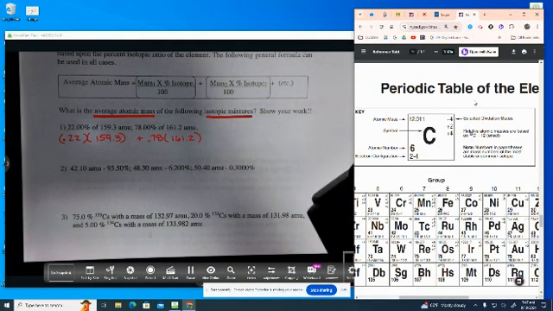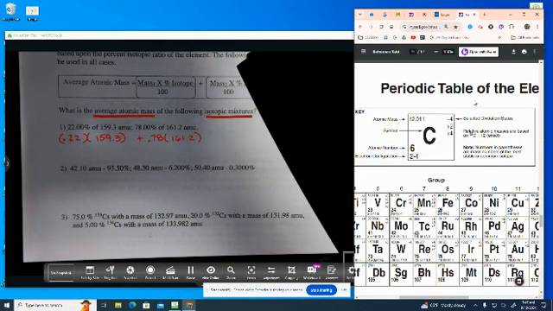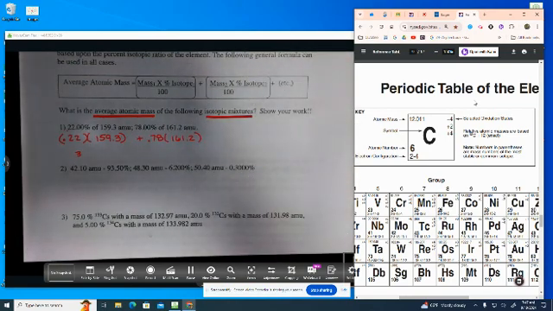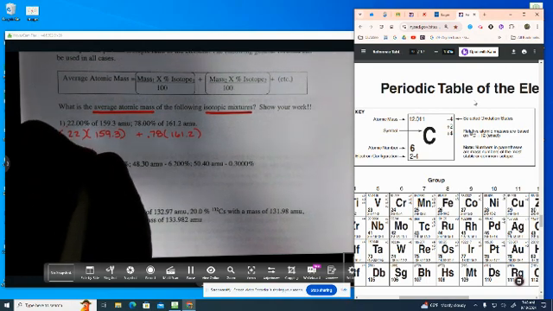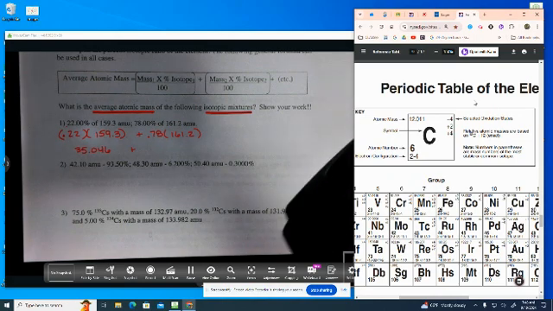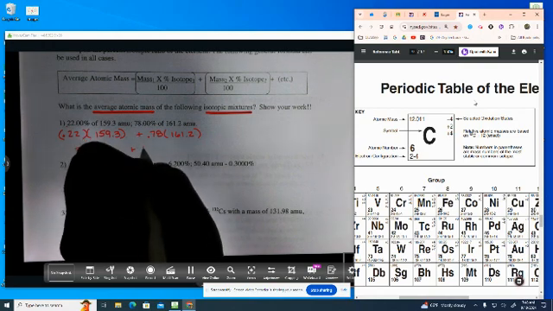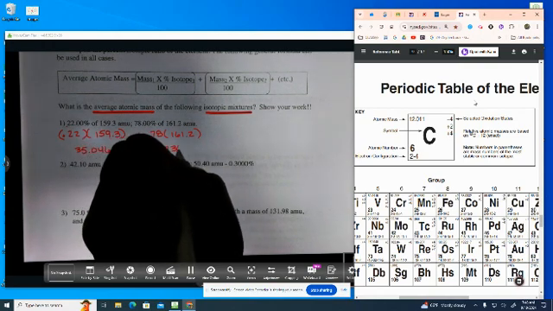And they gave us some ugly numbers here. So let's do this. 0.22 times 159.3, and you get 35.046, plus 0.78 times 161.2. I got 125.736.